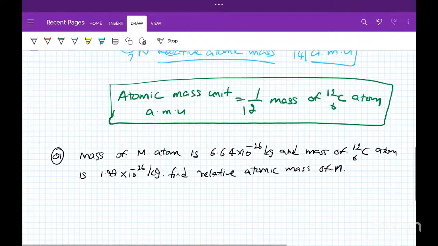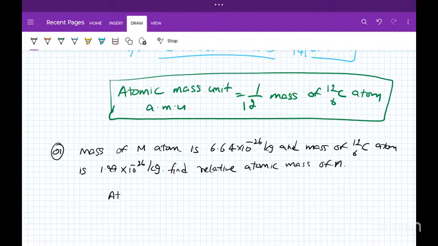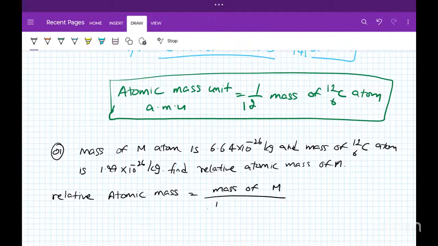I will do this question for you. We know the equation: relative atomic mass is equal to the mass of capital M divided by 1/12 of the mass of the C612 atom.